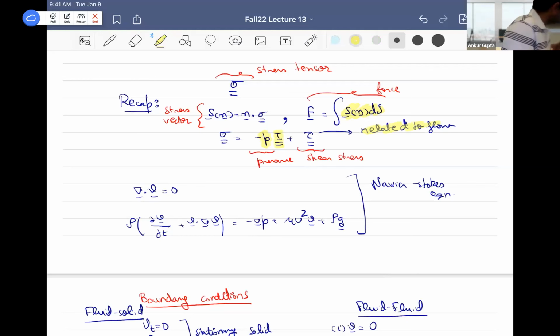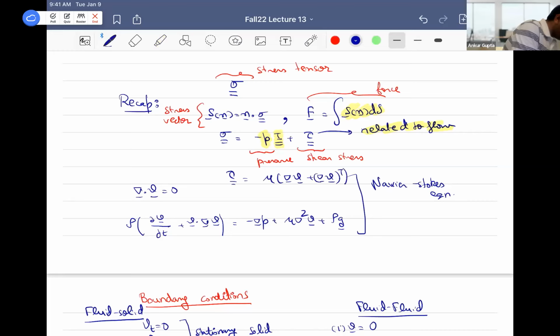And then we derived an equation, which I'm not going to detail, the Cauchy momentum equation. We said we'll substitute tau as mu times the outer product of del and V plus mu times the outer product of del and V transposed, assuming constant viscosity.